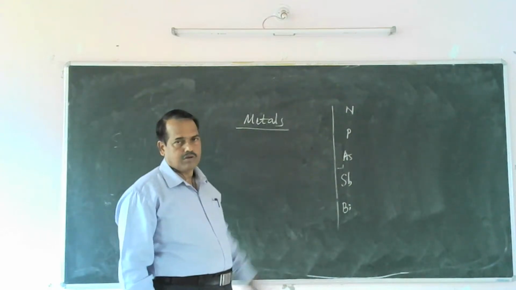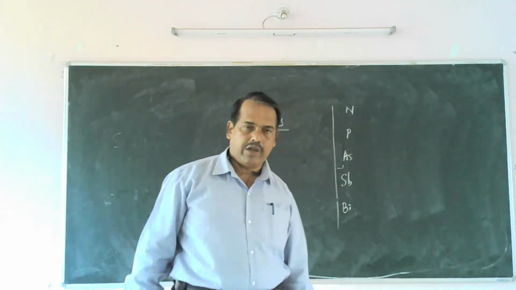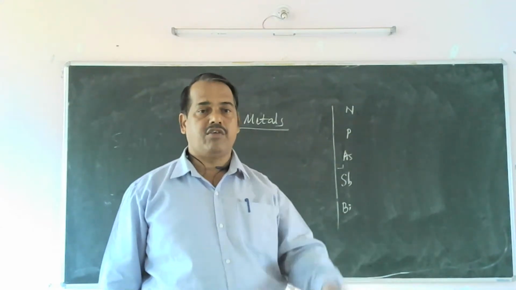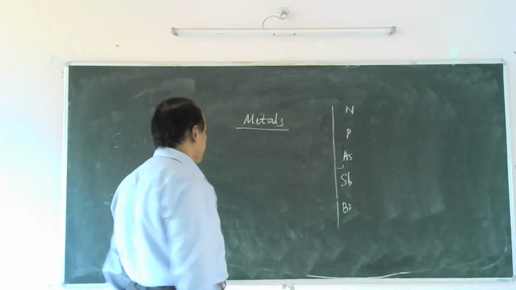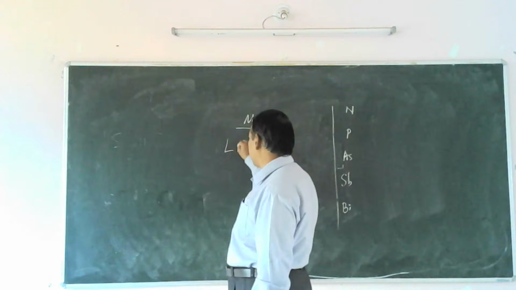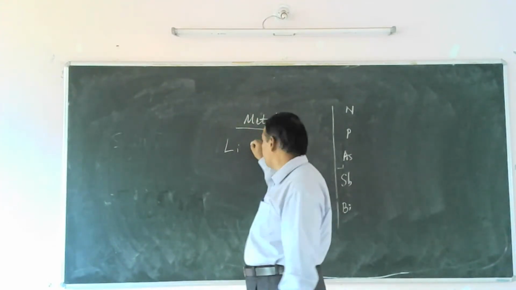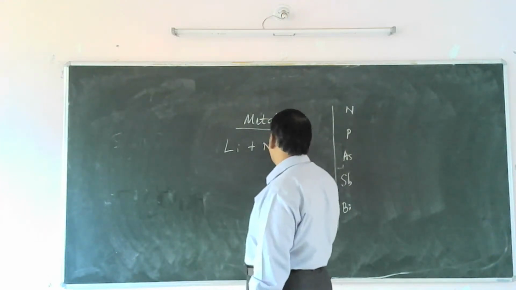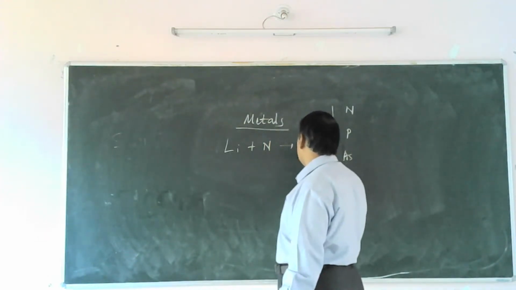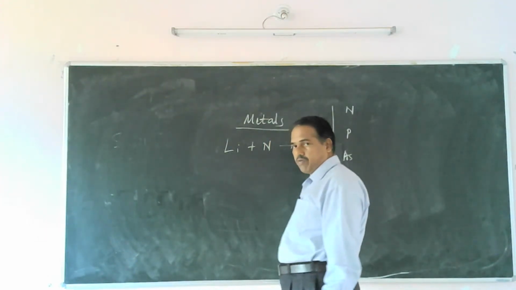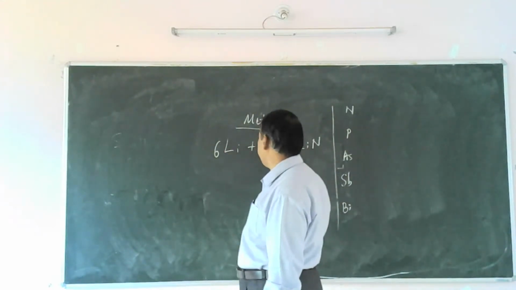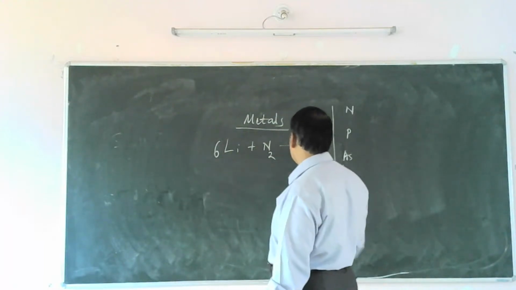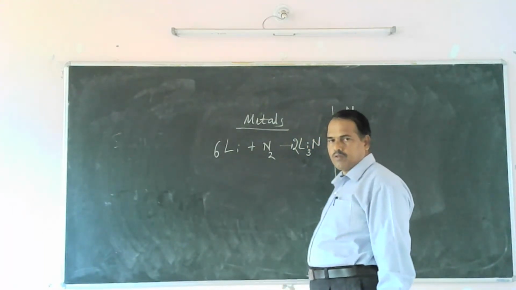Group 15 elements react with metals and form metal nitrides. Take for example, nitrogen reacts with lithium and you will get lithium nitride. You can balance the equation: 6 Li + N2 gives 2 Li3N.